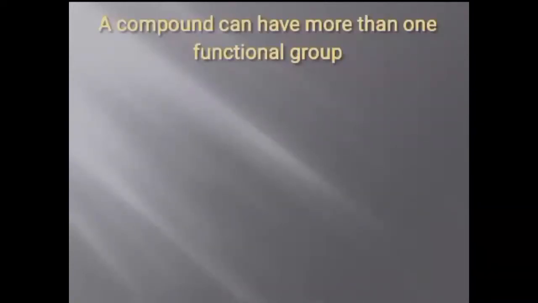Now, there are compounds that can have more than one functional group. It's not as if we've exhausted all the functional groups that exist, but I used those ones as examples, as a guide on what functional groups are, how to identify them, how they take part in reactions, and why they are called the most reactive part of an organic compound.